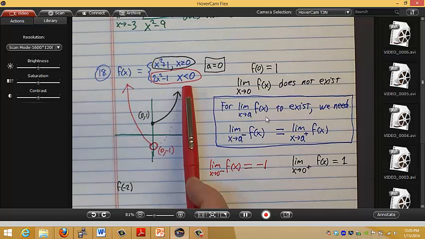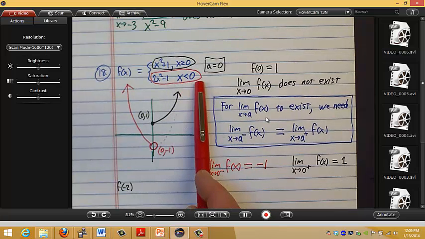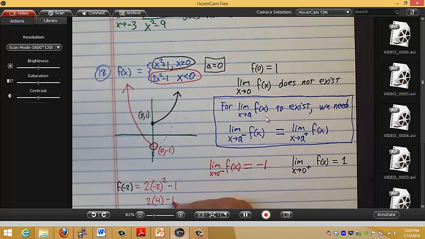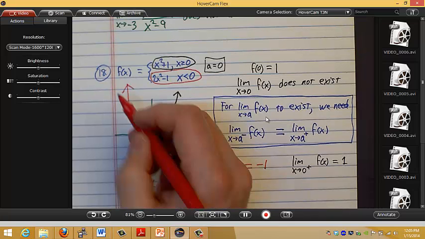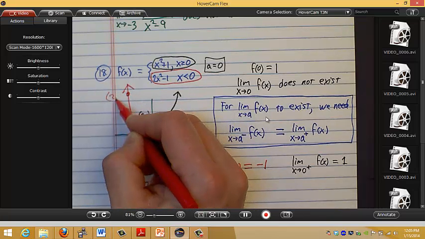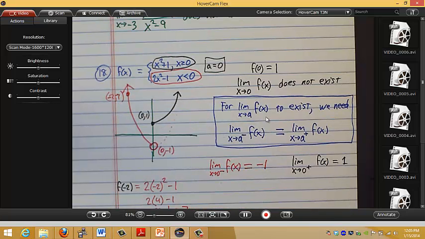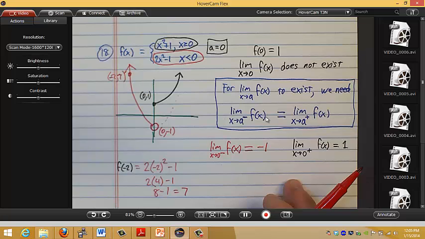Since x is less than 0, I would use 2x squared. The 2 times negative 2 squared minus 1, right? 2 times 4 minus 1. So it's 8 minus 1 is 7. Okay? So that's up here. Negative 2 comma 7 is a point on the graph.